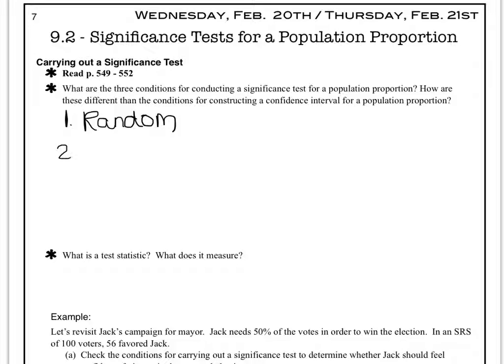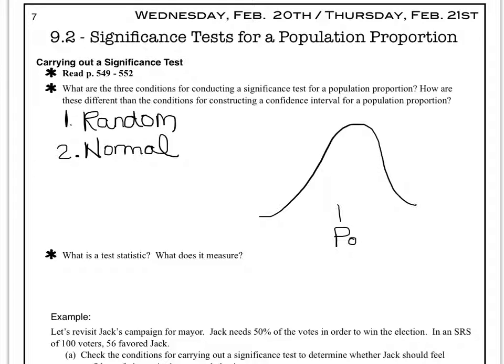The second one is normal. Remember that in a confidence interval, the only thing we have to go off of is p-hat. Here in a statistical test, we are using the null and assuming that the null is the mean of our sampling distribution. And we're going to call the null value p sub 0.